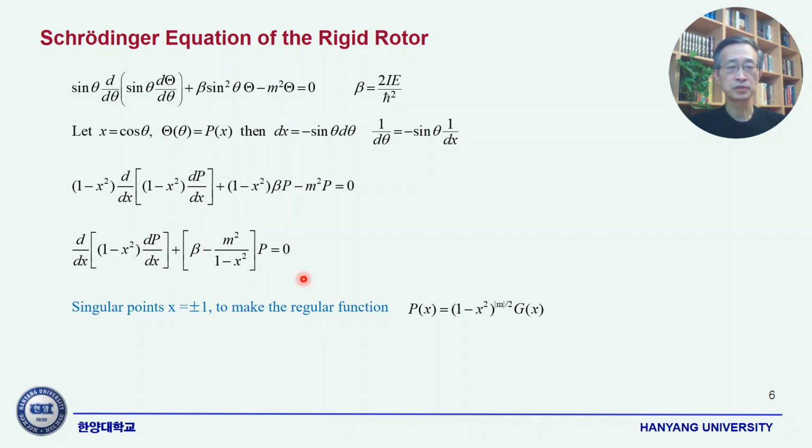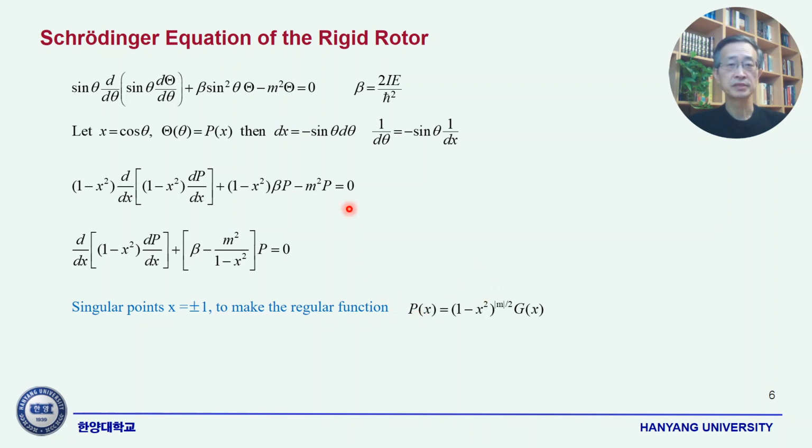Now we are going to solve this equation, and one thing we notice here is that 1 minus x squared is in the denominator, meaning that there is a singular point, x equals plus minus 1. Okay, so in order to make this a regular function, we'll do this kind of transformation.